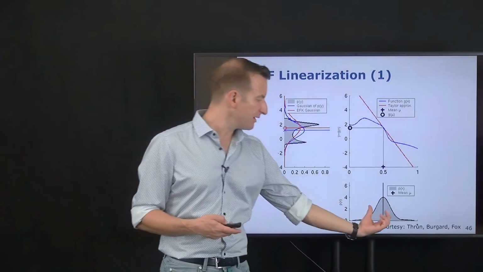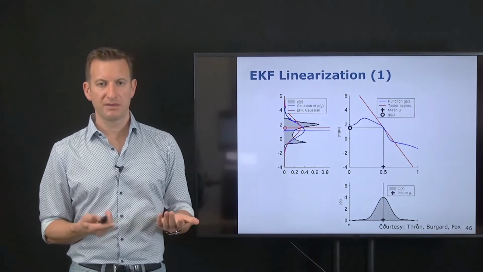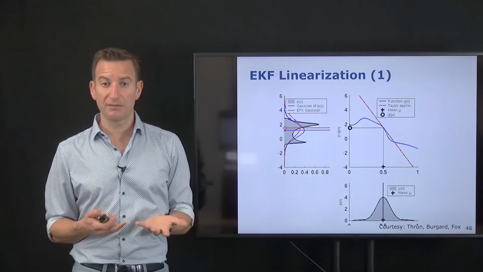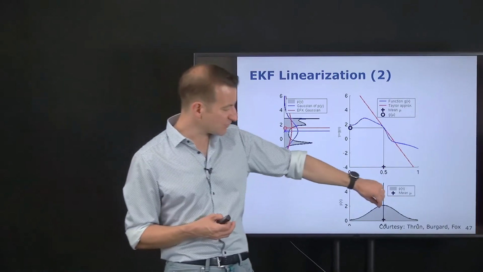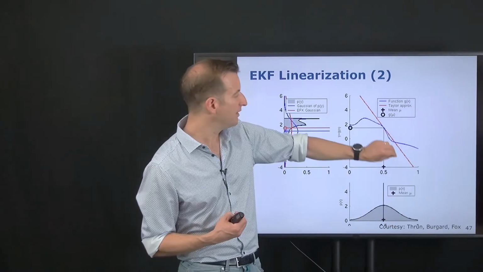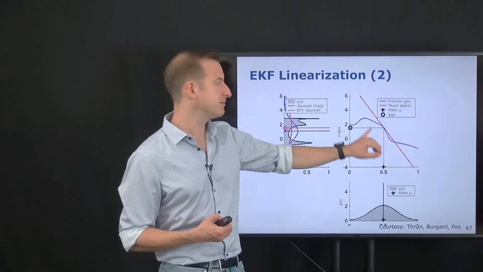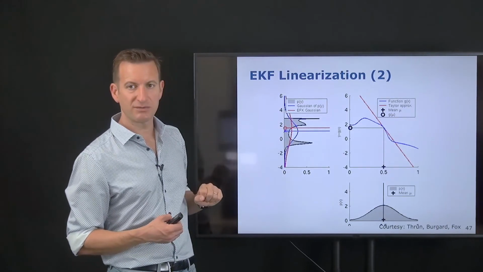So the smaller the uncertainty of this Gaussian distribution down here, the smaller the error of the output here. And we can actually illustrate this. Let's say we take a function with a larger variance, so now more probability mass is spread out further away from the mean. That means I'm further away from the linearization point, and that means that this approximation error gets larger and larger over here.